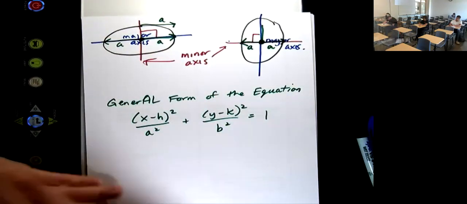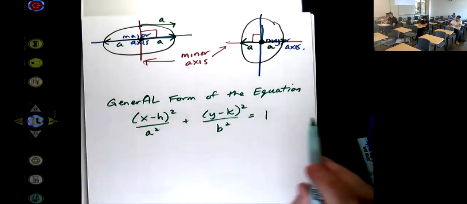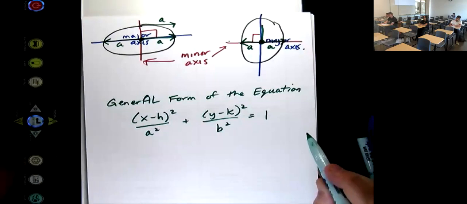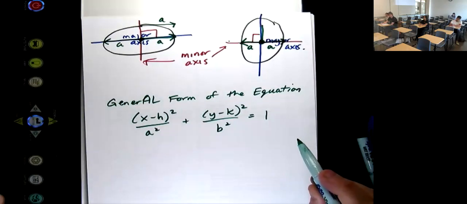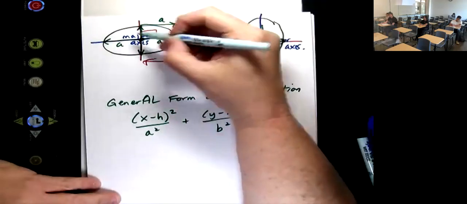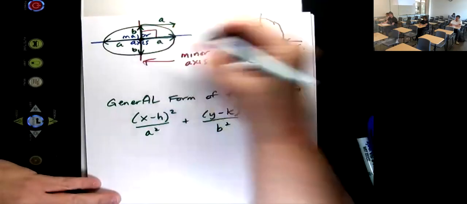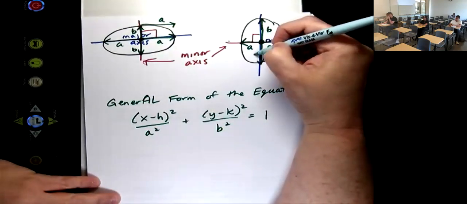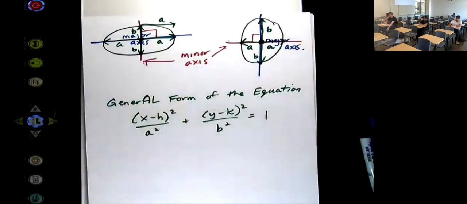And guess where B is? Not necessarily on the minor axis, but the other axis. The B goes with Y. I want to say the book teaches it with B being on the minor axis and A being on the major axis.